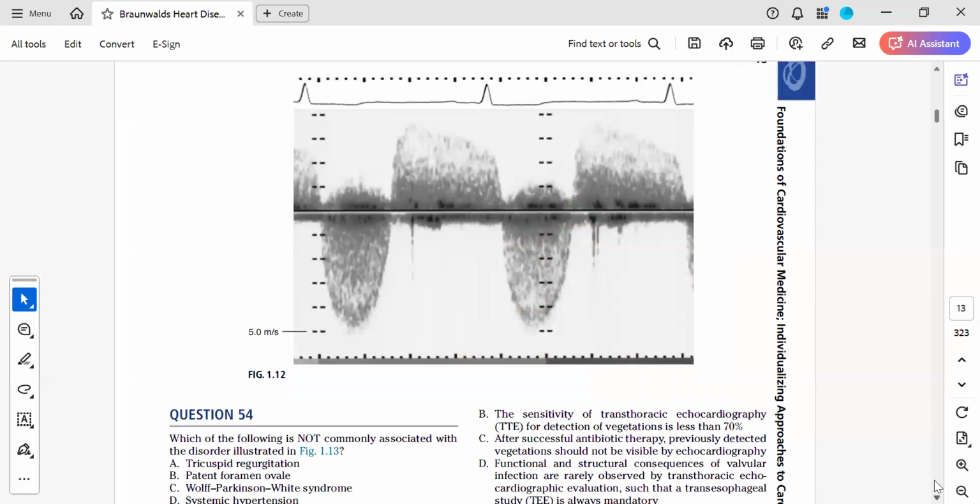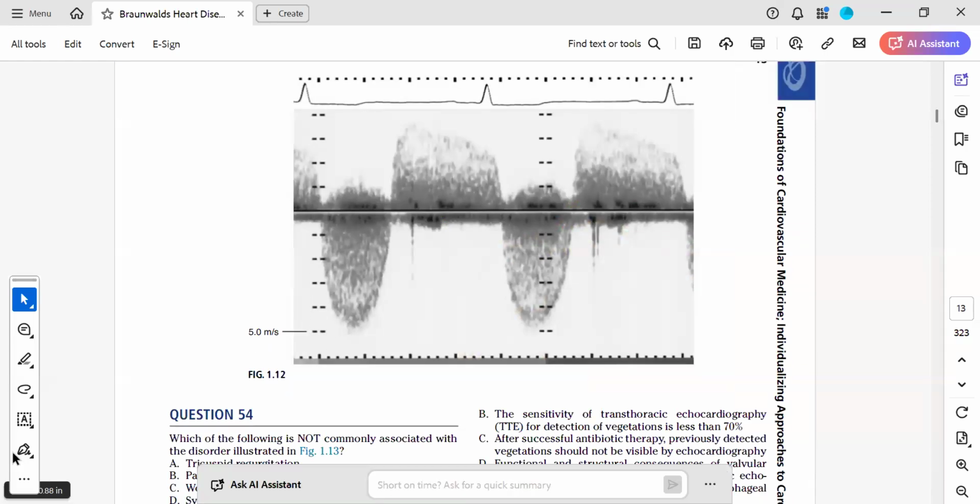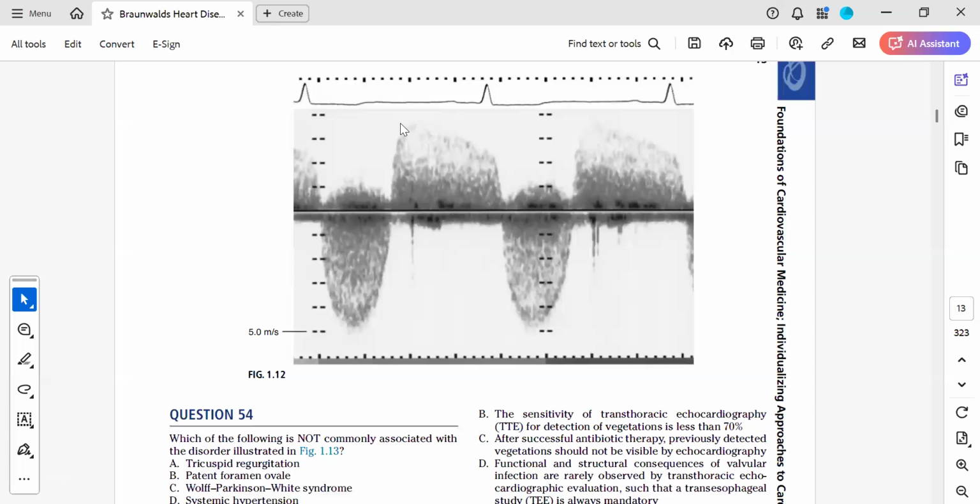So this should be around mild to moderate, not severe. So that makes C false.